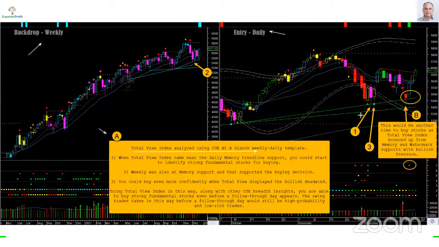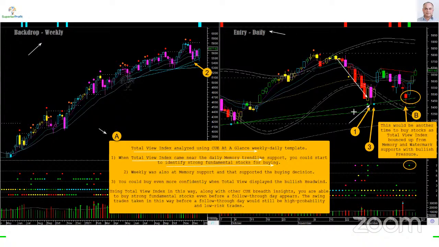Point number 1, very, very powerful signal, the trend line support. When total view index came near the daily memory trend line support, you could start to identify strong fundamental stocks for buying. And this was a sharp drop.